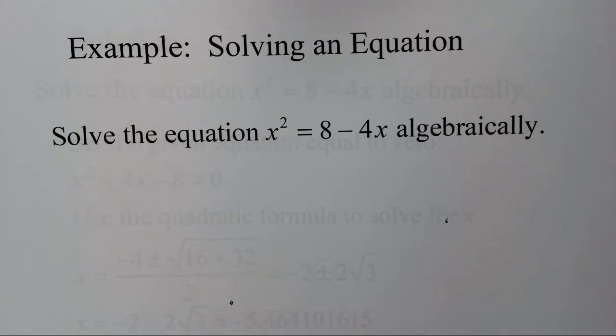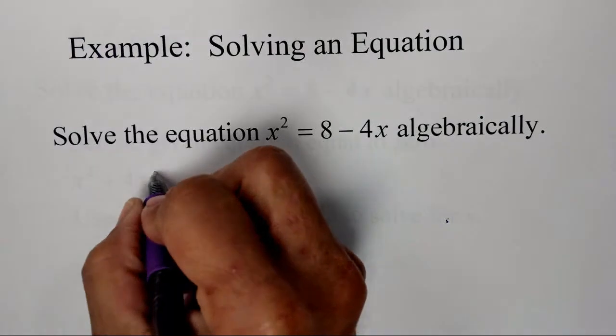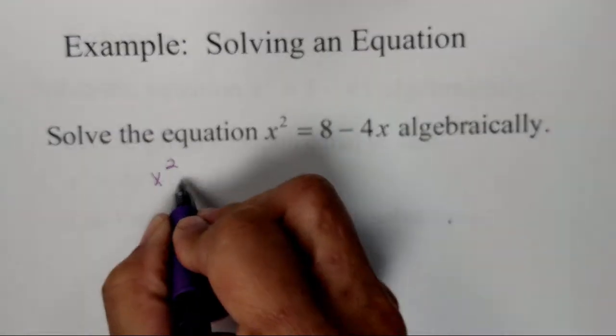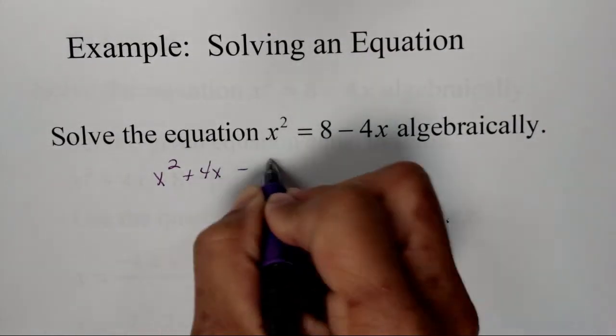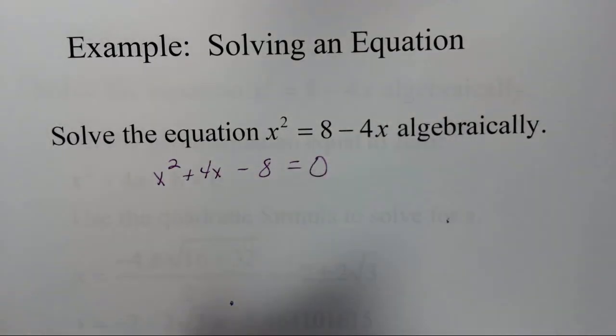Quadratic. So I need the solutions to a quadratic equation. What is the best way, or what is the first thing that makes the most sense in order to solve that? Set it equal to 0. So x squared plus 4x minus 8 would equal 0.